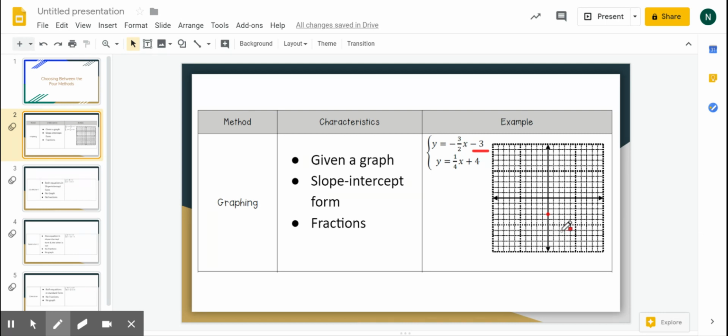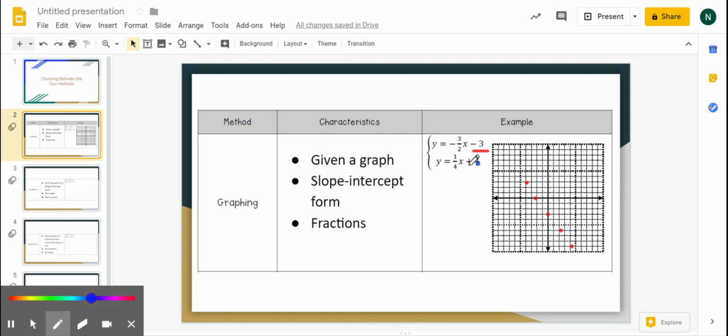Plot your point. Again, down 3, over 2. We can also go up 3, over 2, up 3, over 2. Again, you want to connect that line for that graph.